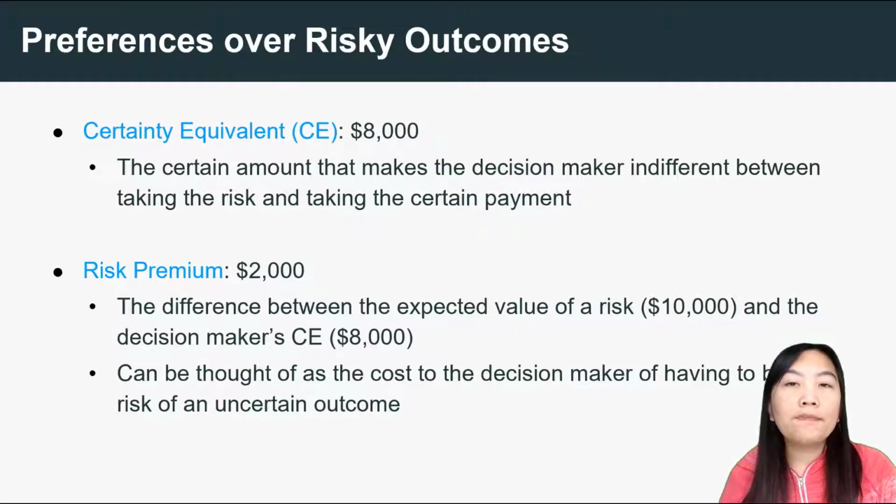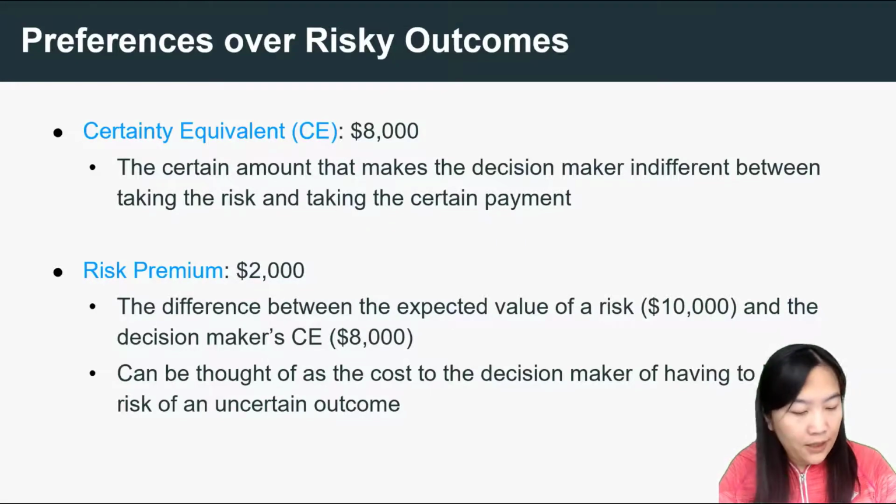Okay, a little bit more explanation about certainty equivalent. Again, that's the certain amount. This is similar to if the producer or the farmer buys insurance. Once you buy insurance, no matter good weather or bad weather, you will always get a certain payment. So that's the certain amount that makes the decision maker indifferent between taking the risk or taking the certain payment.